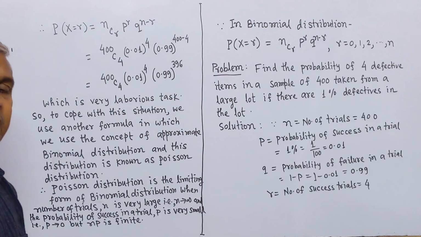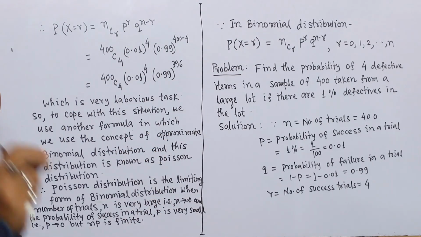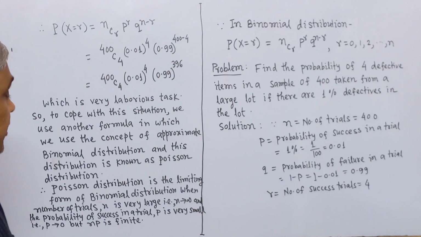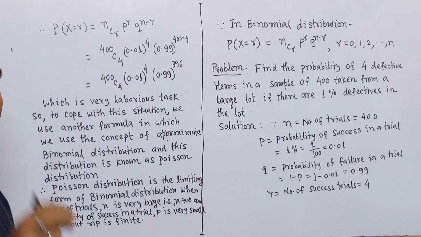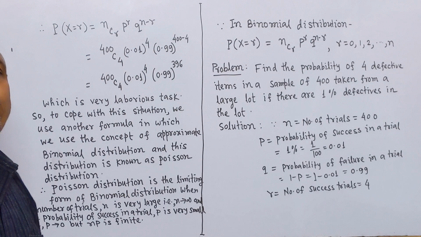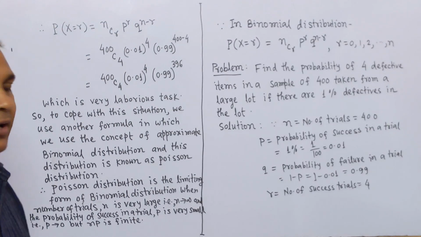So, to cope with this situation, we use another formula in which we use the concept of approximate binomial distribution. And this distribution is known as Poisson distribution.